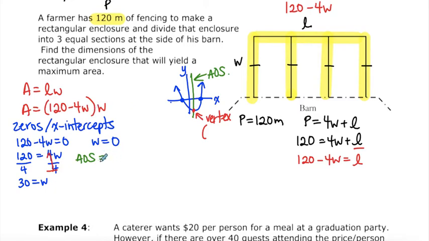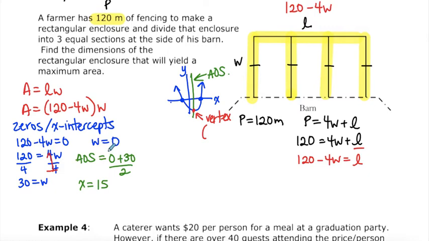To find my axis of symmetry, I add my zeros together, so 0 plus 30, and I divide by 2, because I'm looking for that halfway point. I can either keep it as AOS, or express it as an equation of a vertical line. 0 plus 30 is 30, 30 divided by 2 is 15. So when x is equal to 15, that is the line where my parabola gets split in half.